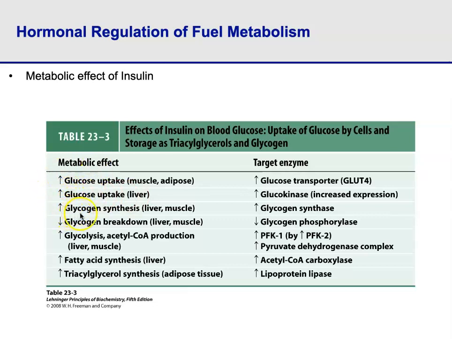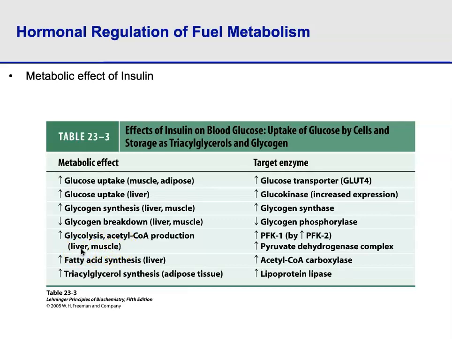In addition, glycogen synthesis is also stimulated, as you can see in the liver. We just mentioned that. Glycogen breakdown will be decreased, of course. If you're increasing synthesis, why would you break it down? We also have an increase in glycolysis and acetyl-CoA production, again in the tissues that primarily use glycolysis. Those are muscles. Again, why would the liver do that?